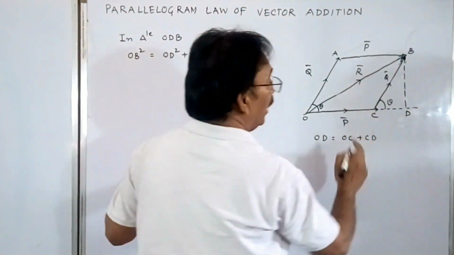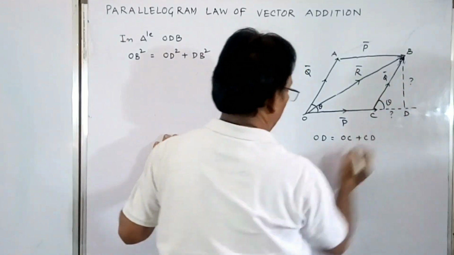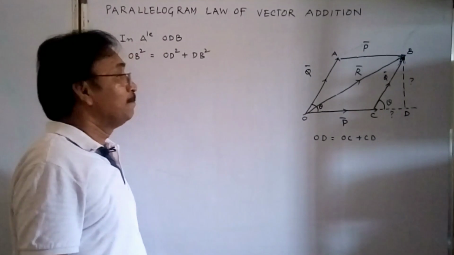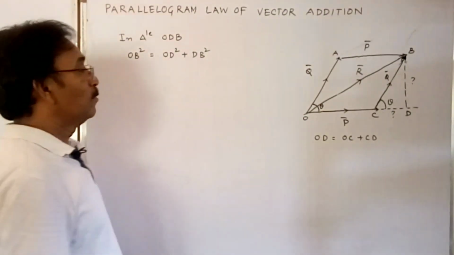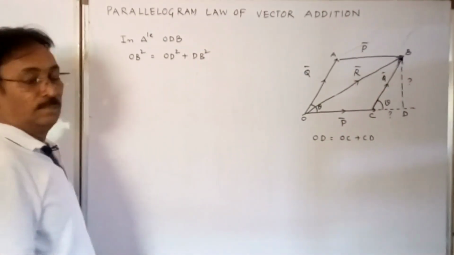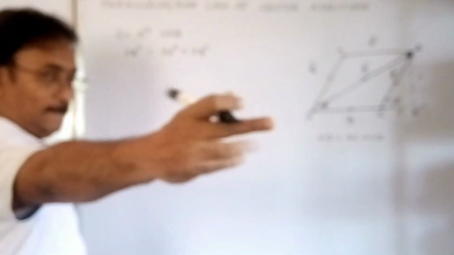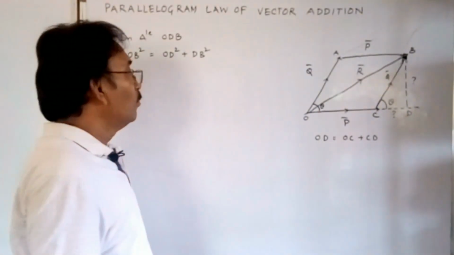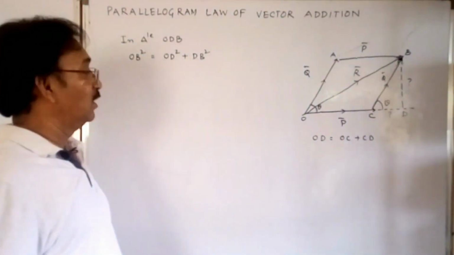We don't know the value of the CD as well as the BD, and we have to find it indirectly.